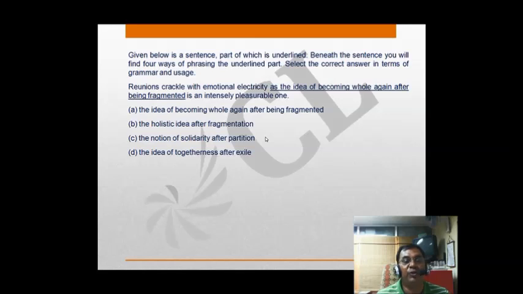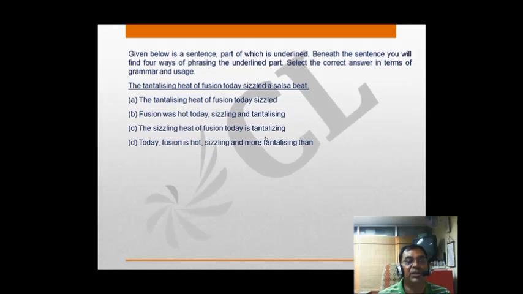Oh, I never do this. Better I don't do this. This I try. Answer in terms of grammar. The tantalizing heat of fusion today sizzled the sun. The tantalizing heat of fusion today sizzled. Fusion was the sizzling heat of fusion today is tantalizing.